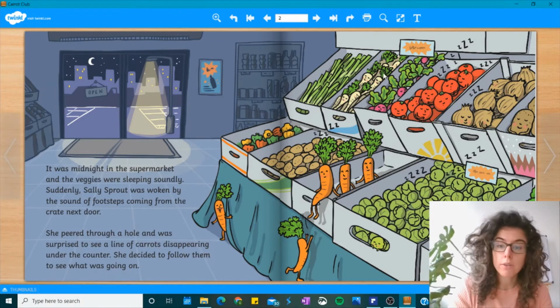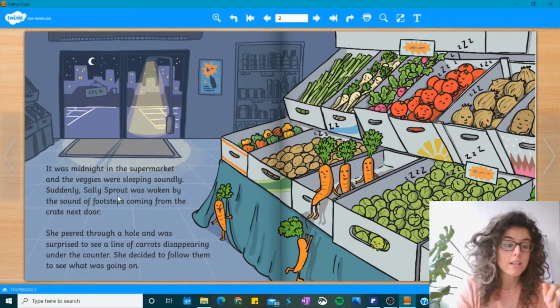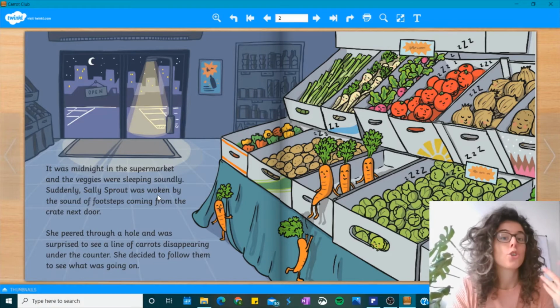No, and look, if you look at the picture, all of the parsnips are sleeping. So the only evidence shows us that it was Sally Sprout. We can see in the picture here, and we can read that Sally Sprout was woken. Okay, so we need to have the evidence from the book to help us show that our answer is correct.